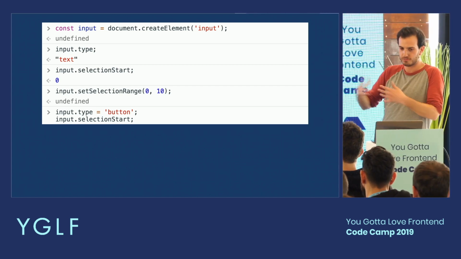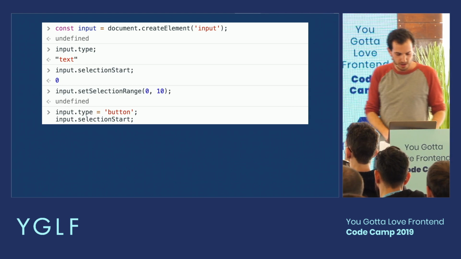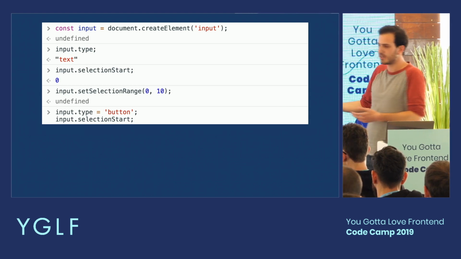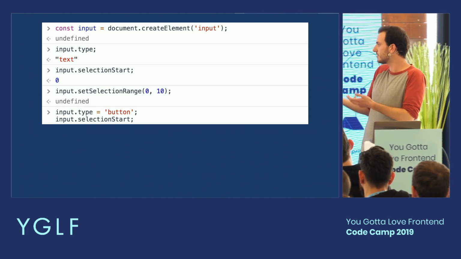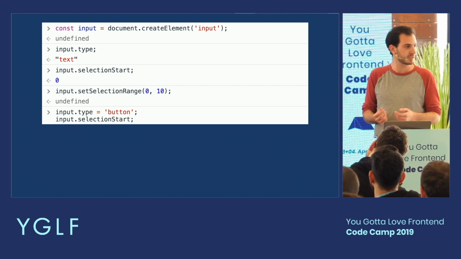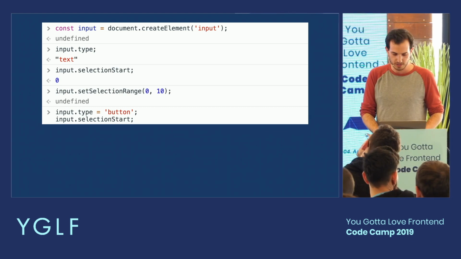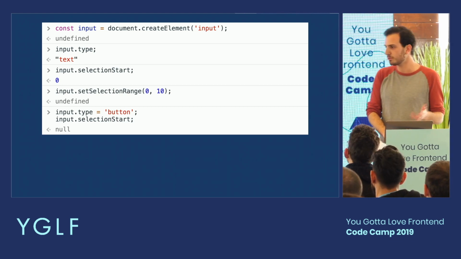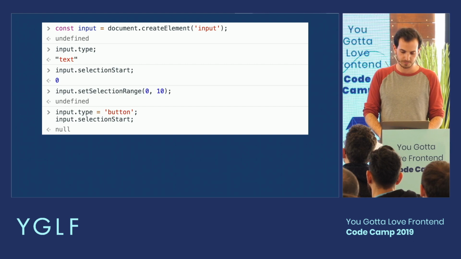It would just be a giant error out of nowhere. It kind of makes sense because obviously there's no selection inside of a button, but they're built on the same prototype. It shouldn't have discrepancies of this kind. So nowadays, though, you get null, which is probably more sensical.